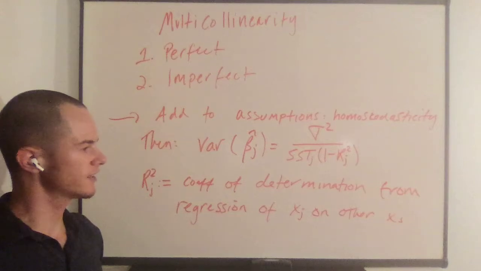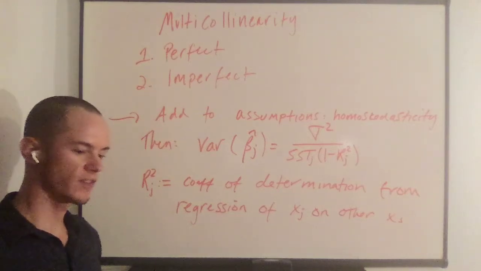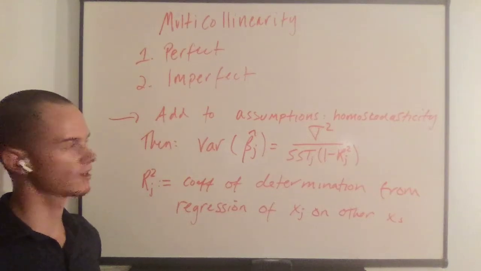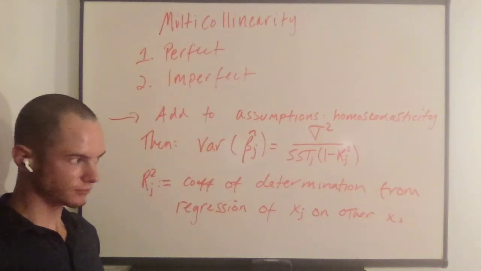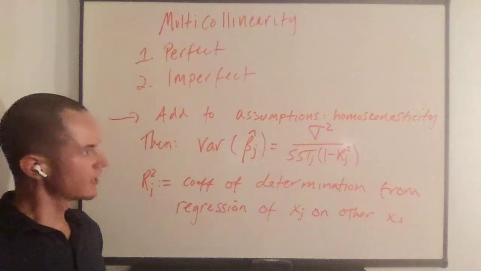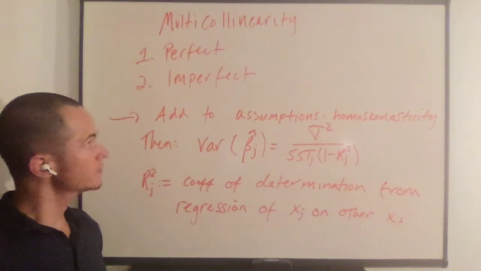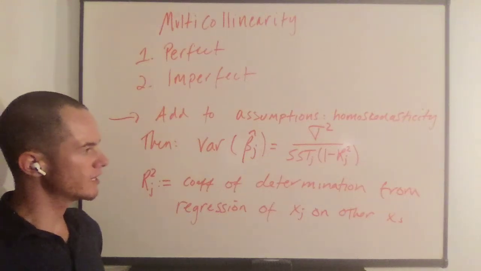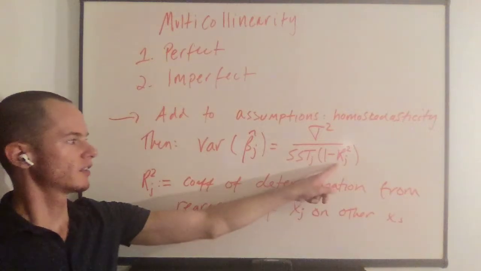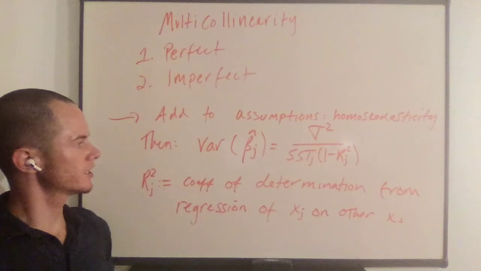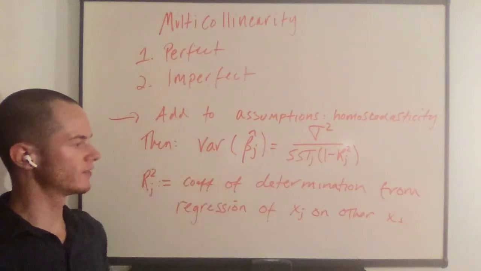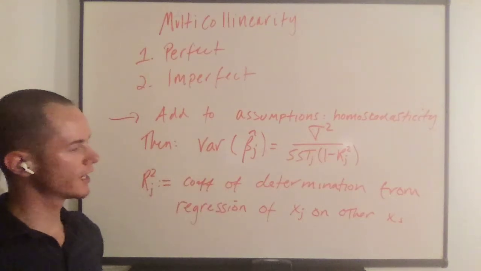And the key there is just to drop one of the variables that's causing that perfect multicollinearity. But when it's imperfect, how bad the multicollinearity is comes in terms of this coefficient of determination, and the consequence is higher variance. Now, why? What's going on?